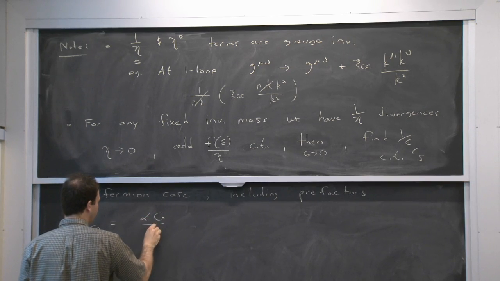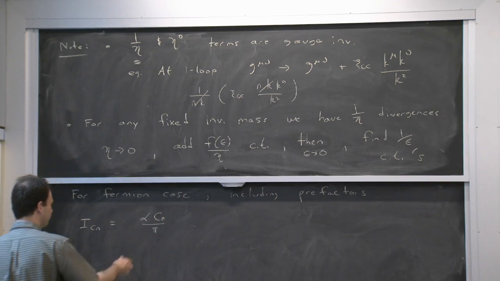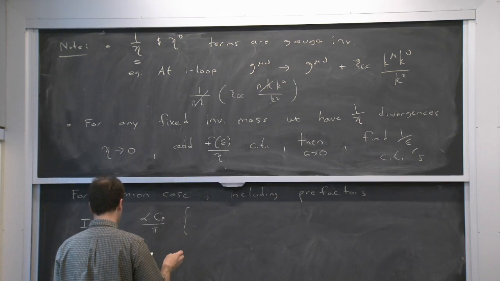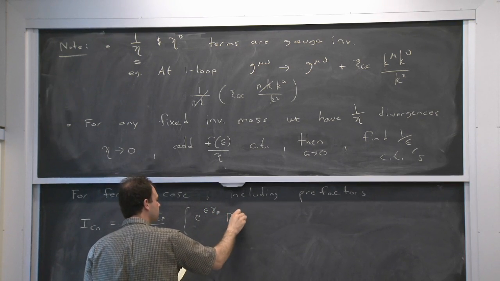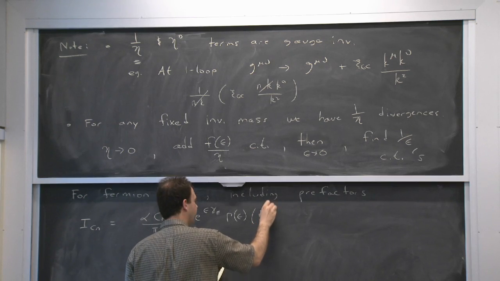And I'll write things in a QCD type notation, even though we can imagine that it's a non-abelian group. So CF is the Casimir of the fundamental, whatever group our gauge boson is in.